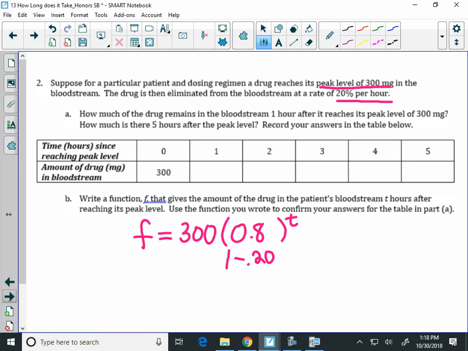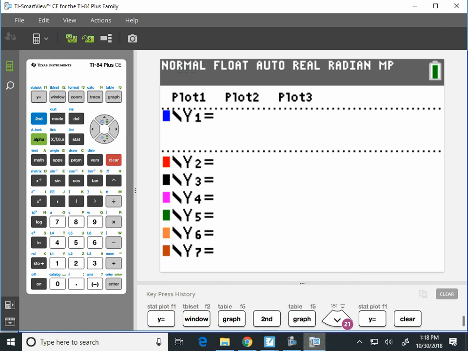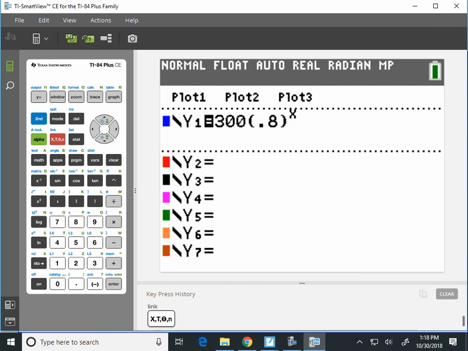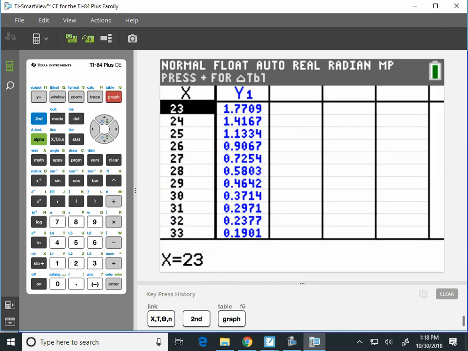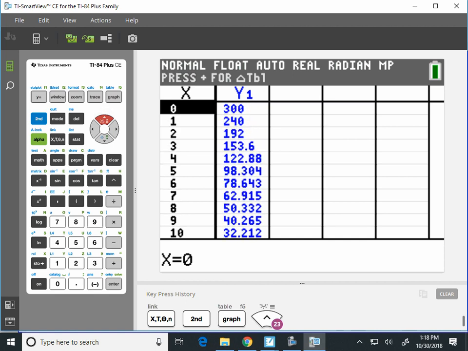Now, you can take that, and I would put it into your calculator, into the table. It would save you some time, and then copy the values from your table. So let's type 300 times 0.8 to the t into the y equals. And then when you are ready, you can go to the table, and then I would copy, you'll have to scroll back, but you can copy all those numbers into your table.